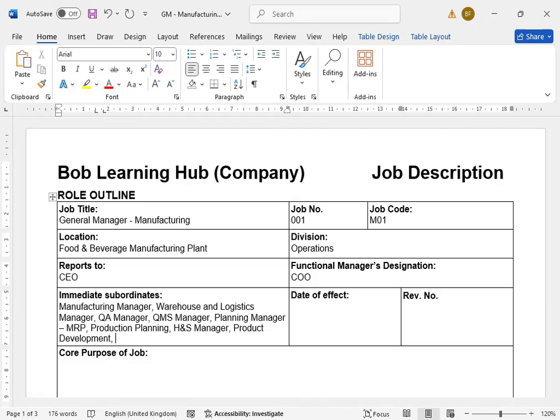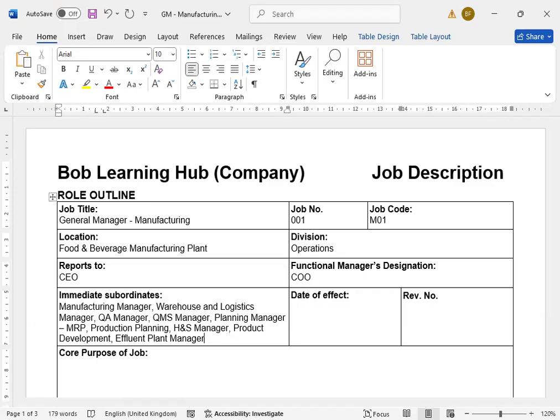manager that reports directly to the general manager, GM manufacturing, is the effluent plant manager. Okay. For huge food and beverage operations, there is always an effluent plant installed to manage the solid waste and the wastewater treatment.